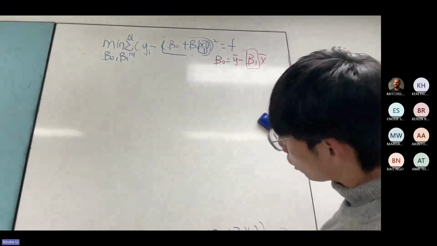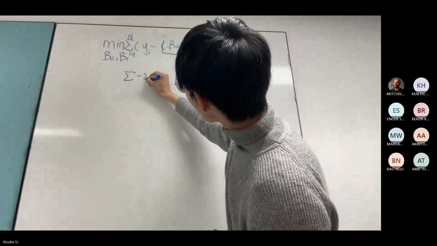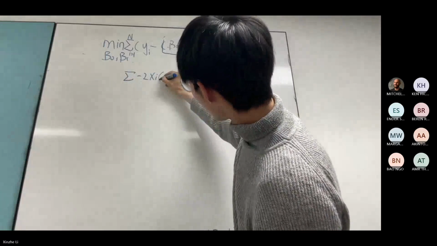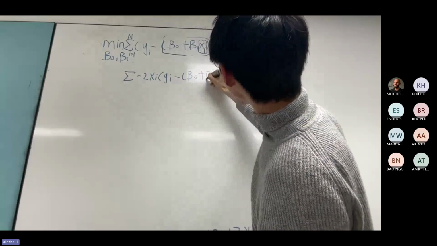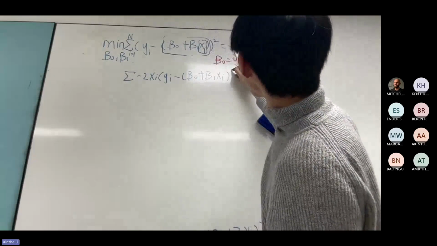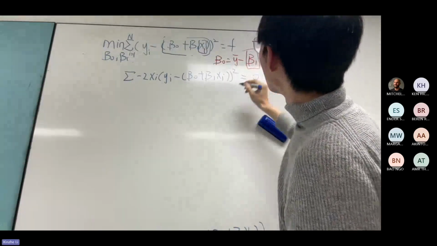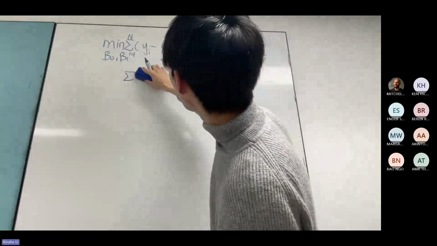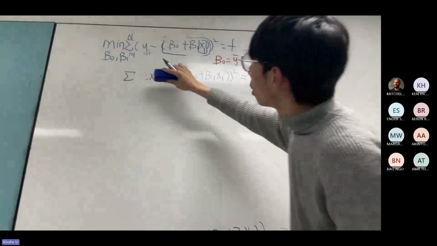Let me move the equation above to solve this. Sum of xi times (yi minus (beta 0 plus beta 1 xi)) equal to 0. As before, I will eliminate the minus 2 because the right side is 0, so it doesn't matter.